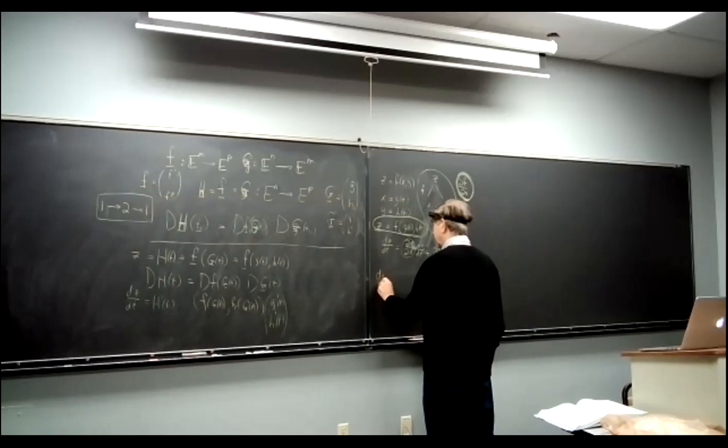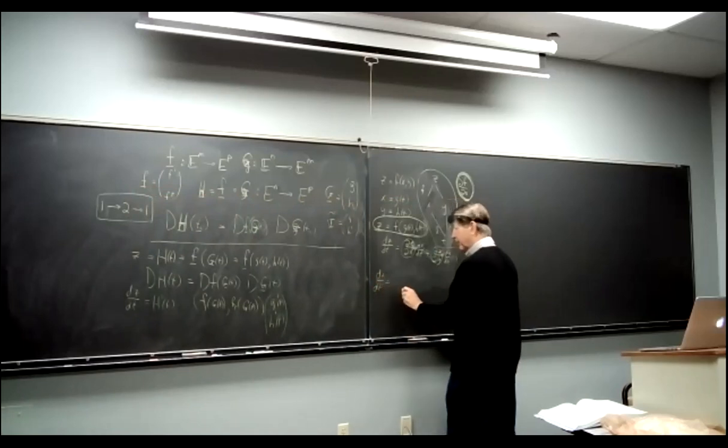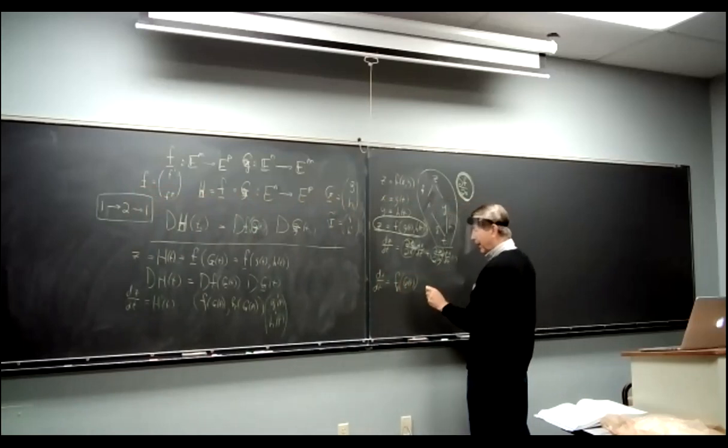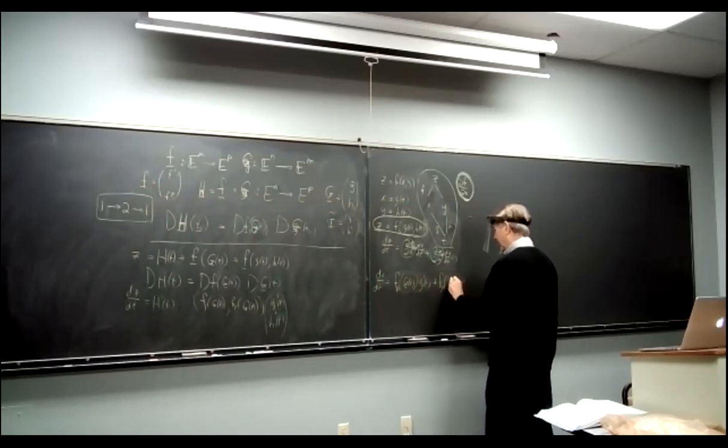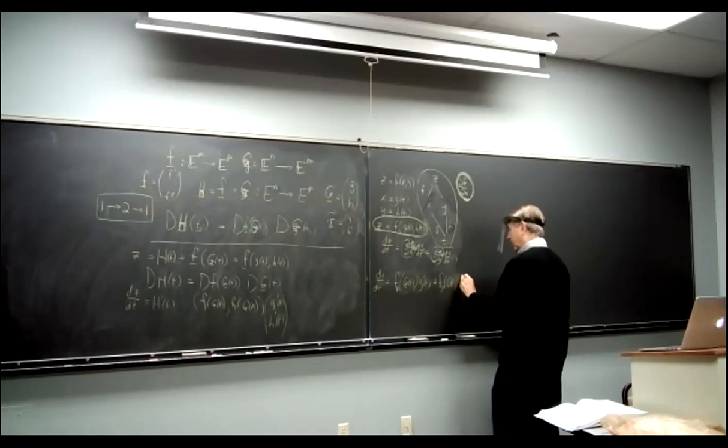You get dz dt equals f sub 1 at capital G of t, times g prime of t plus f sub 2 at G of t times h prime of t.